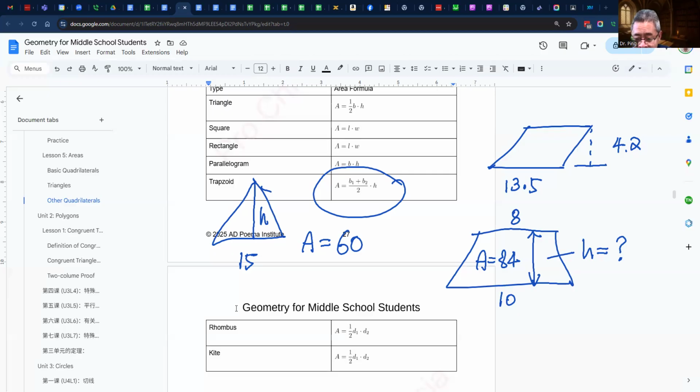Yeah, very good. So the answer, the h is 8.